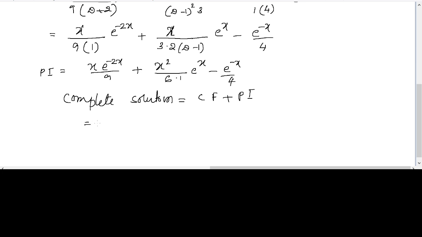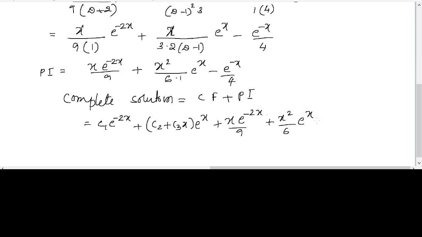So that is given by c1 e to the power of -2x plus (c2 + c3 x) into e to the power of x plus x into e to the power of -2x upon 9 plus x square by 6 into e to the power of x minus e to the power of -x upon 4. Okay, so this is the final answer, right?